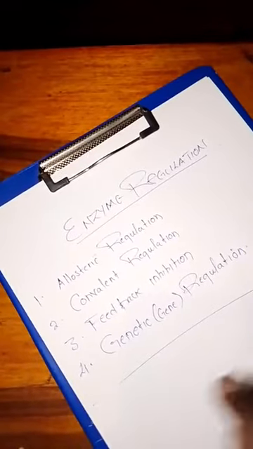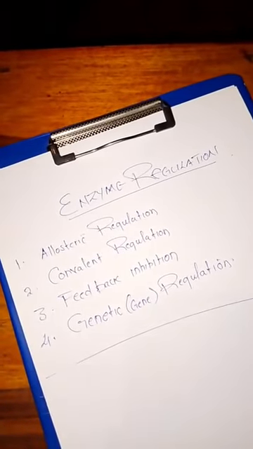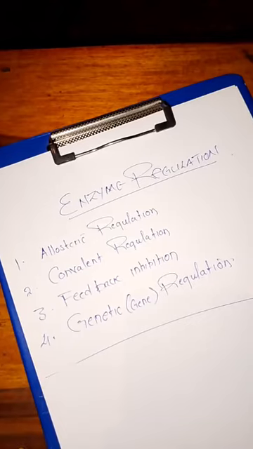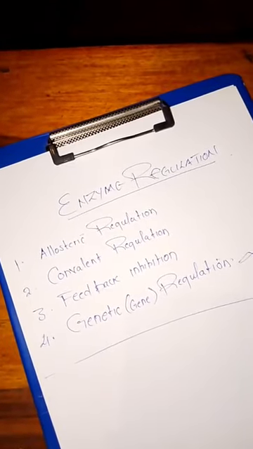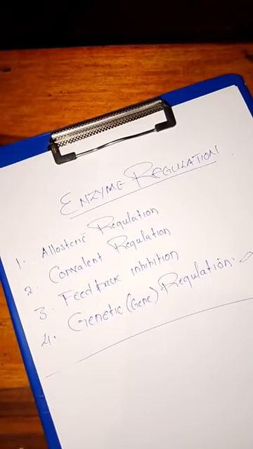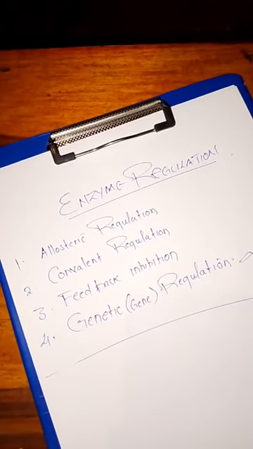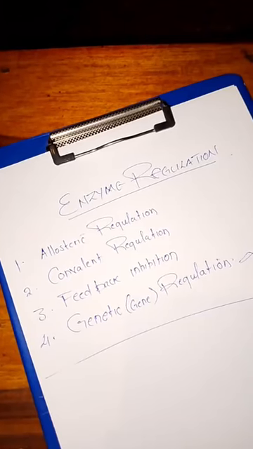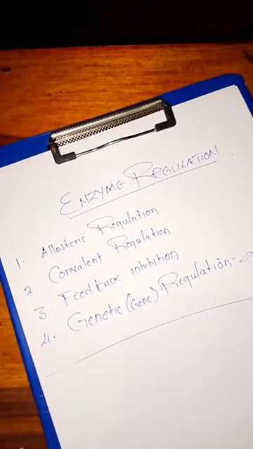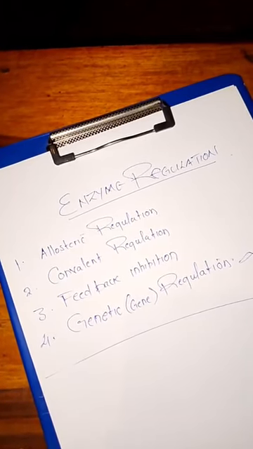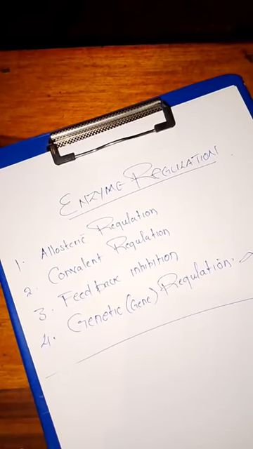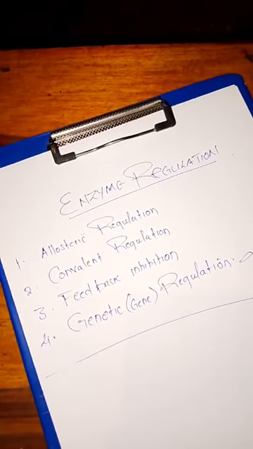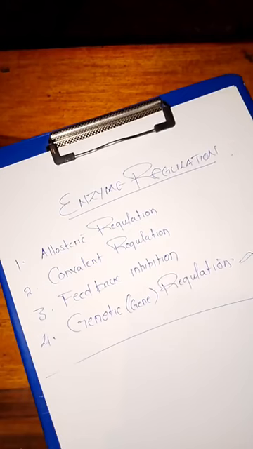Okay, so now let's look at the regulation of these enzymes. Let's start with gene regulation. We know that, just like we talked about, most enzymes are protein in nature. So there is a process in the background of transcription, translation, and modification to form a particular protein, and that protein will become an enzyme. There are specific genes that code for the amino acids involved in forming the proteins that are used to form an enzyme.